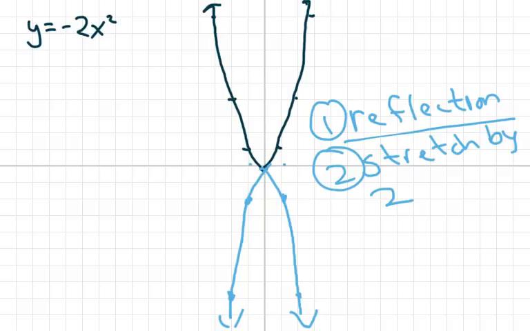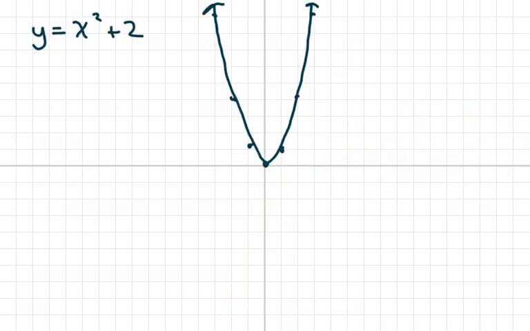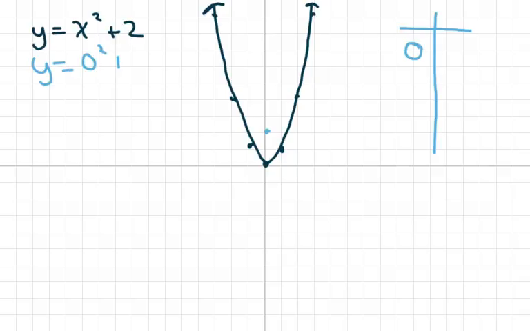All right, the next one, I have the shift up by 2. So basically, I'm starting at 2 here, because when x is 0, you plug in 0, we're up at 2.